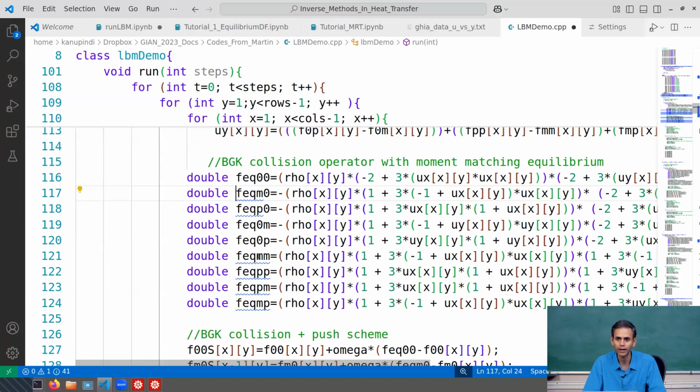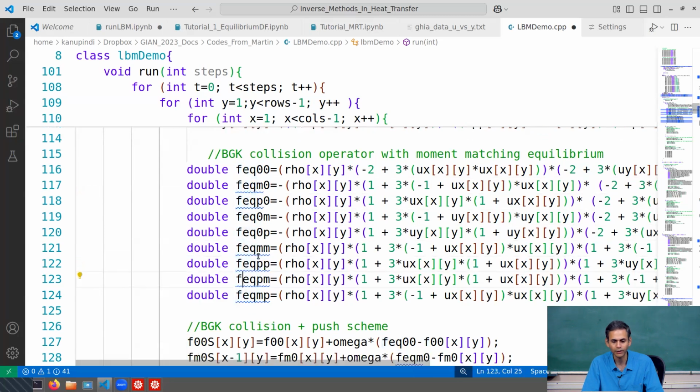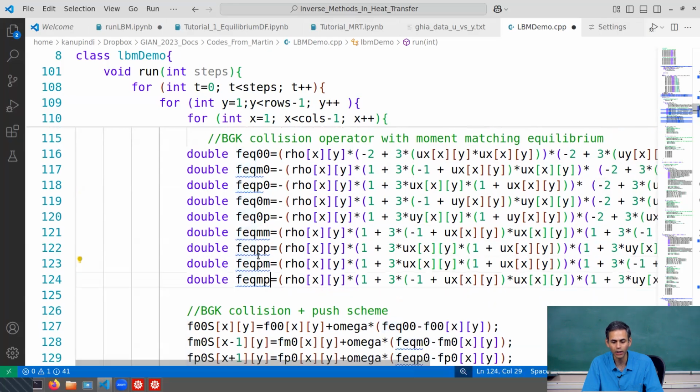So I write f equilibrium minus 1 0 and then f equilibrium plus 1 0, then f equilibrium 0 minus 1, then f equilibrium 0 plus 1, then f equilibrium minus 1 minus 1, f equilibrium plus 1 plus 1, and f equilibrium plus 1 minus 1, and then minus 1 plus 1, okay. It basically covers all the 9 values that we have for the f equilibrium.